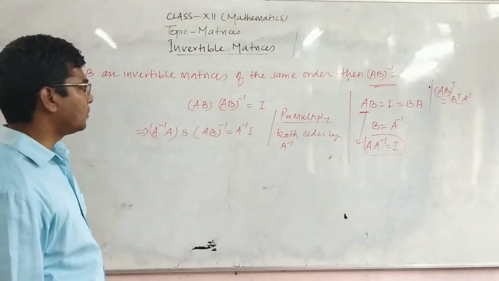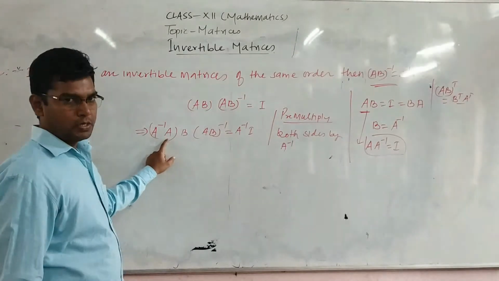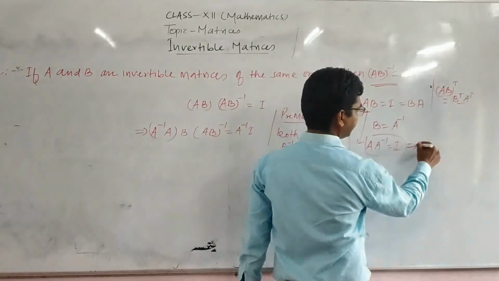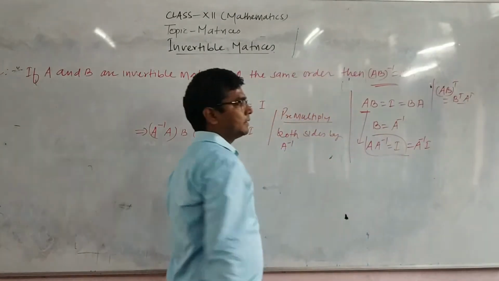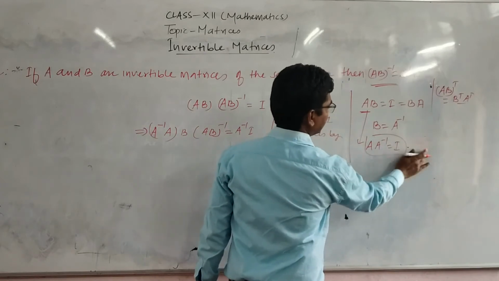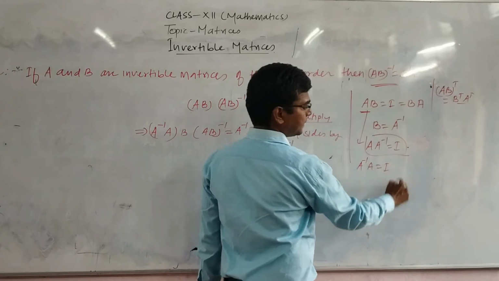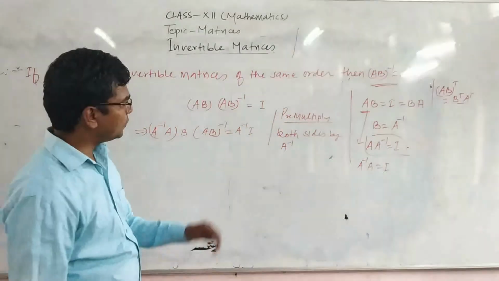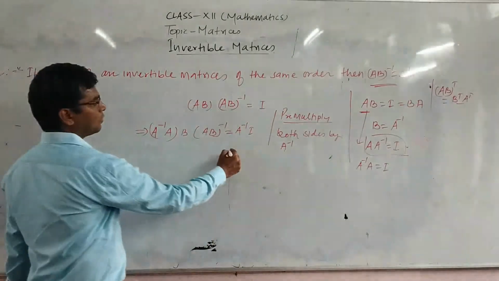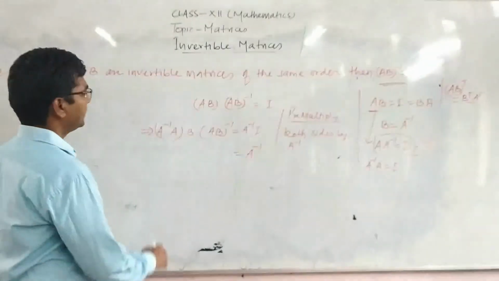So again we know that A inverse into A will be identity matrix, and you know that identity matrix multiplied by any matrix gives that particular matrix as output, right?